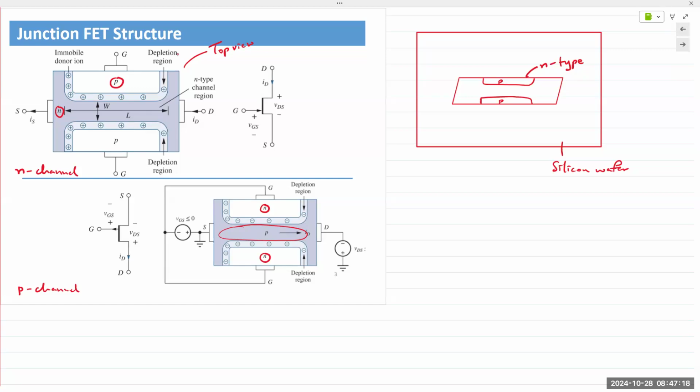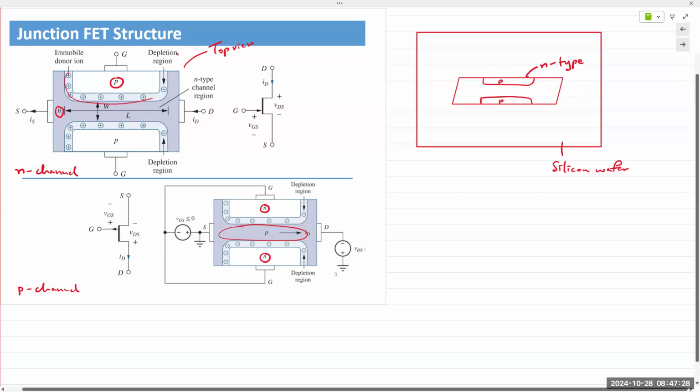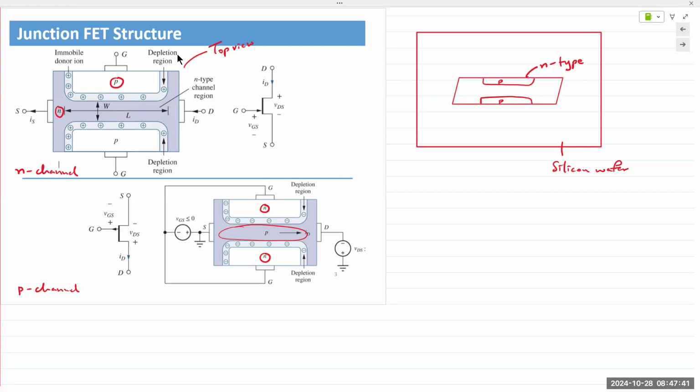So I was saying we have two p-n junctions, and so we have two depletion regions. There's one right here, and the other one's right here. And when you connect this JFET into an external circuit, well, actually, even before we connect it, the two p-type regions are connected together to form a single terminal known as the gate.